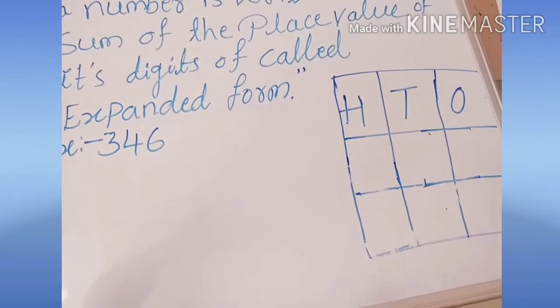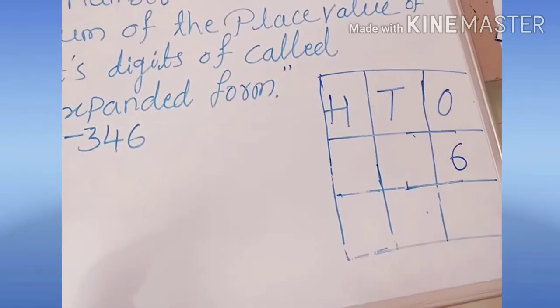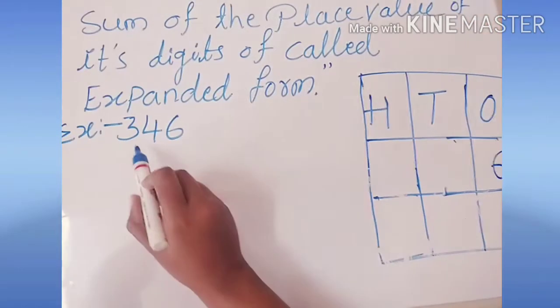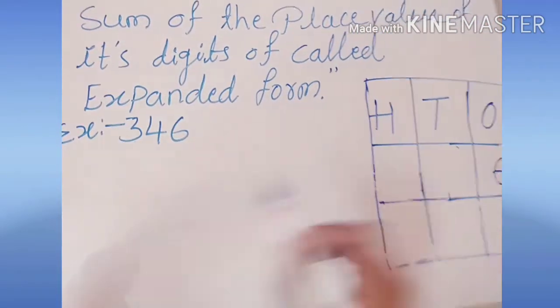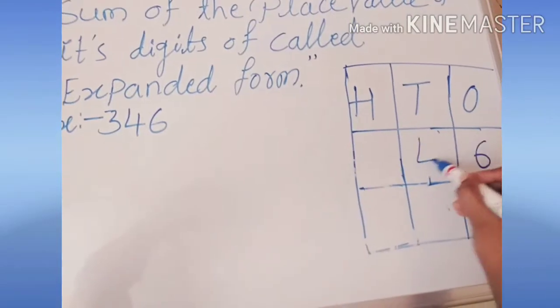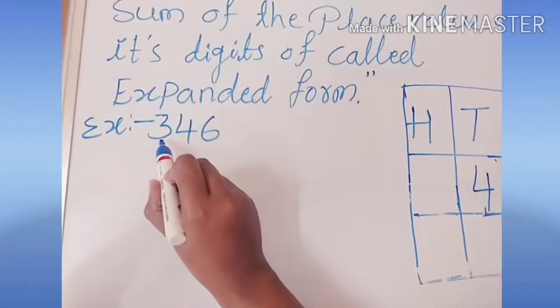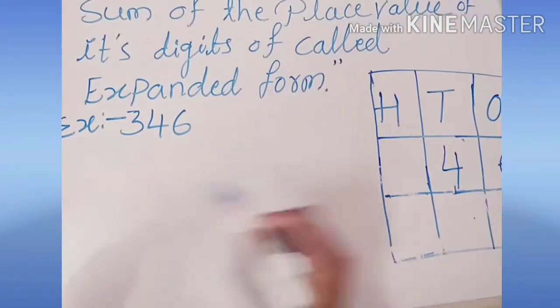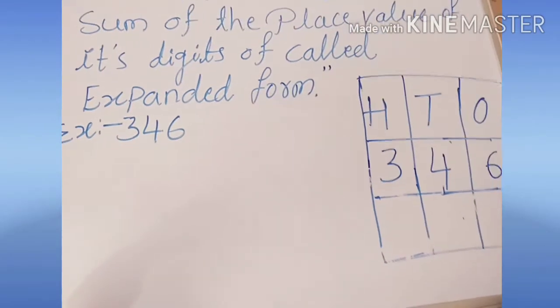So I am writing 6 in the ones place. And how many tens are here? Yes, 4. So I am writing 4 in the tens place. Then how many hundreds are here? 3. So I am writing 3 in the hundreds place.